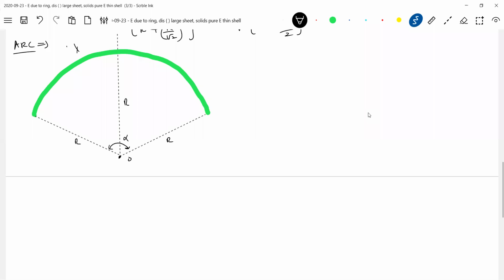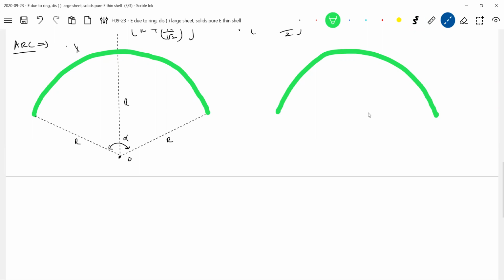Now, again, is there any symmetry about point O? Yes, it is there. The mass is distributed symmetrically about the y-axis. So what best we can do? We can go for two elements here. So keeping that in mind, I'll assume two elements.